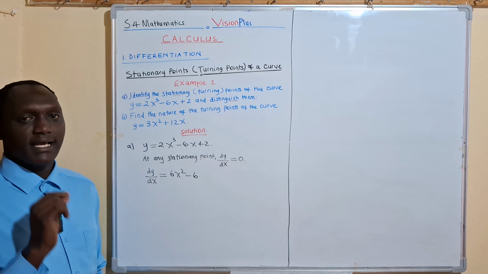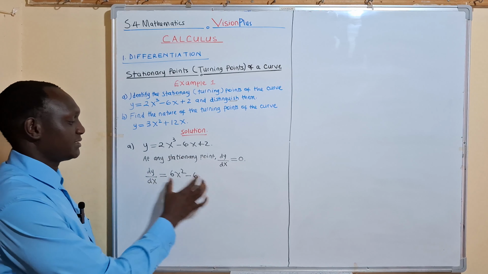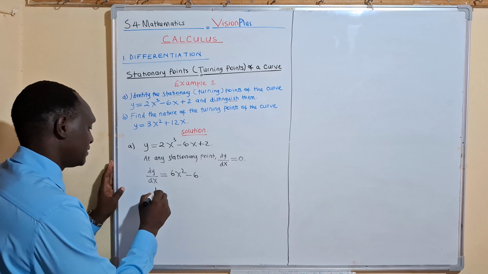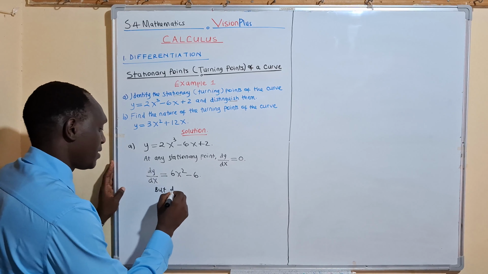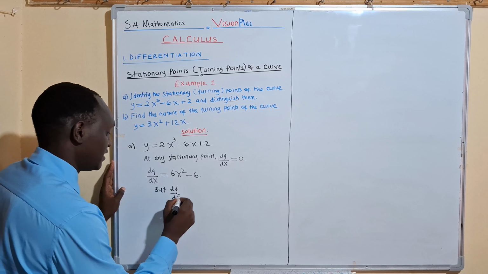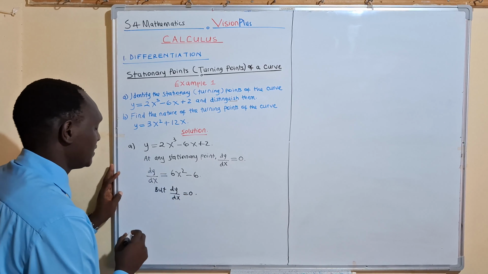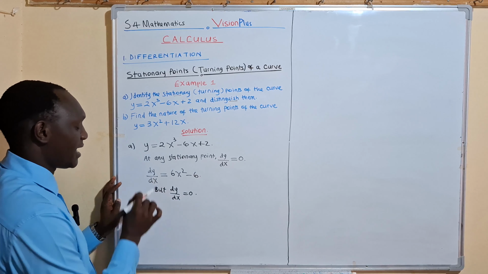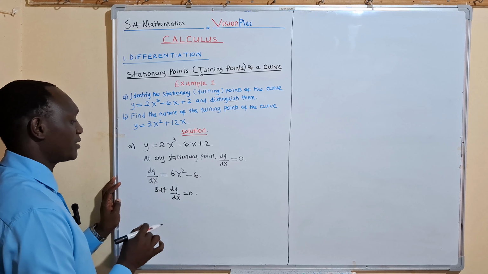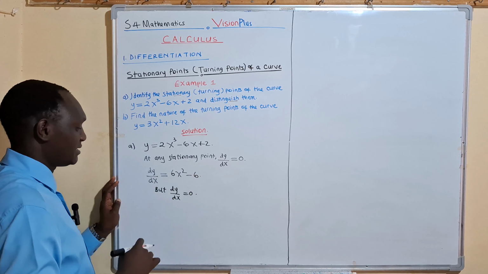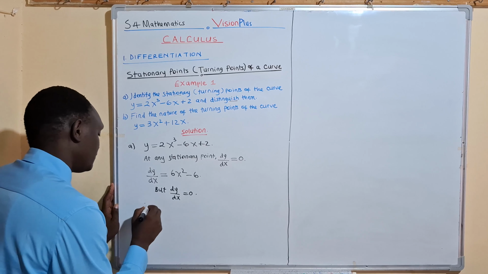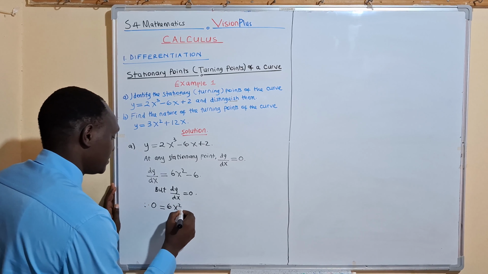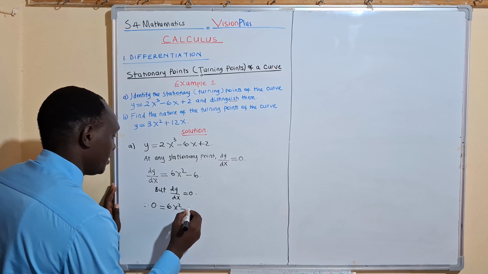But we are saying that at any turning point, dy/dx is 0. That means you can substitute for dy/dx as 0 at the turning point so that we get the values of x at the turning point. Therefore, 0 equals 6x squared minus 6.